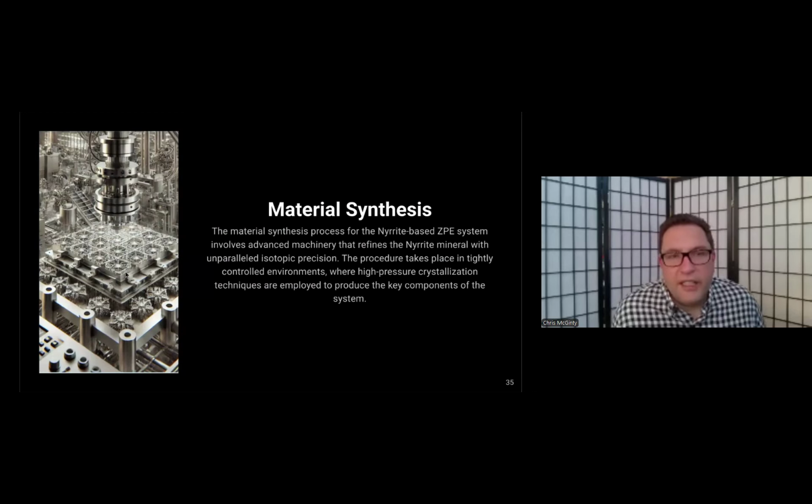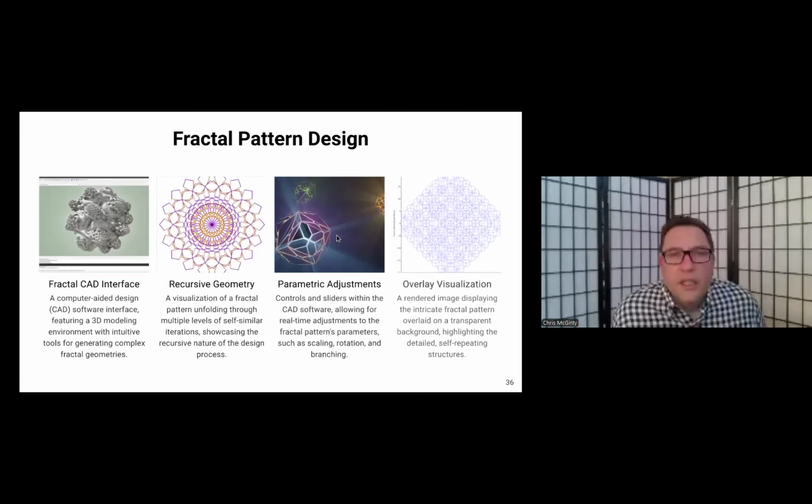So this is kind of how we would go about it. This is the nyrite that I was talking about. These are some visualizations or prototypes of how this would be created. The nyrite mineral will be made using highly pressurized crystallization techniques that will then produce the key components of the system. We use a fractal pattern design, so again, we're using a fractal CAD interface to begin with.